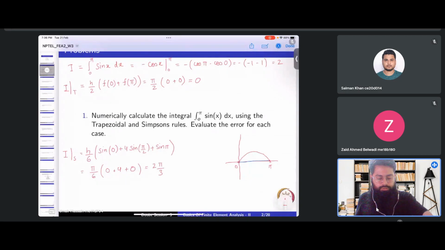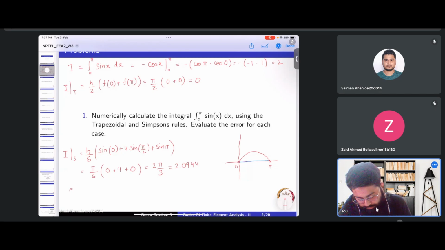Just to check how close it is, let me use my calculator. That gives us 2.094. So that is pretty close, right?